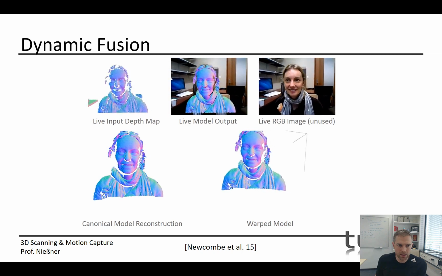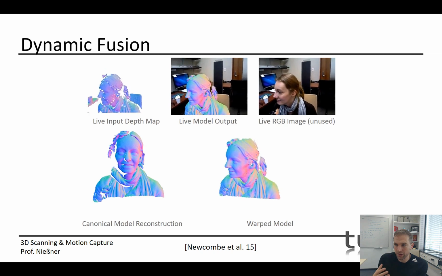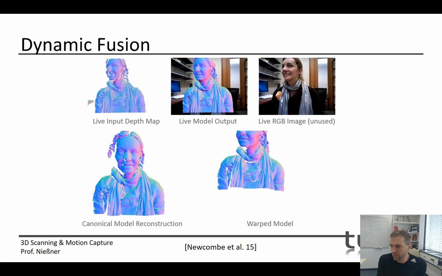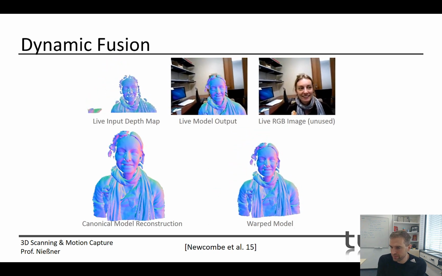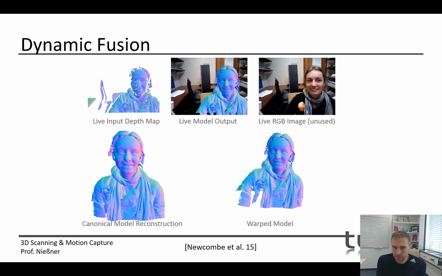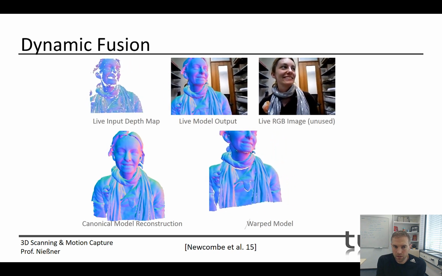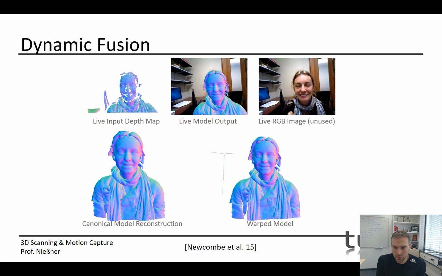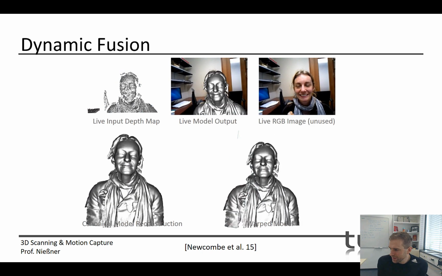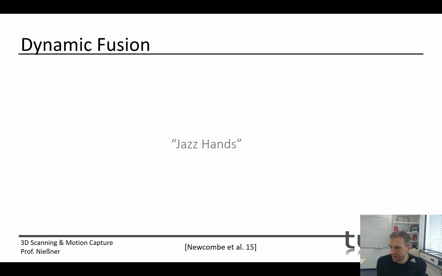And you see here, always, the live input map, the live model output, and on the bottom left, the canonical SDF, how it would look when you projected everything back in the base frame. Okay, and that's what they're getting. So then they can extract, of course, the mesh in the canonical frame. They can also extract the mesh at every pose.